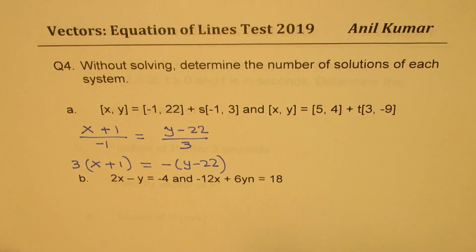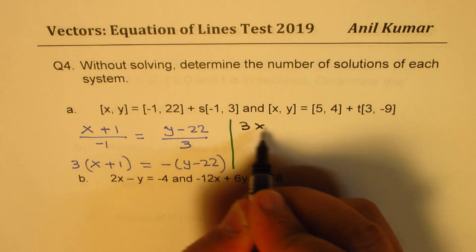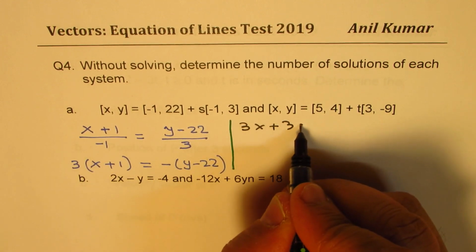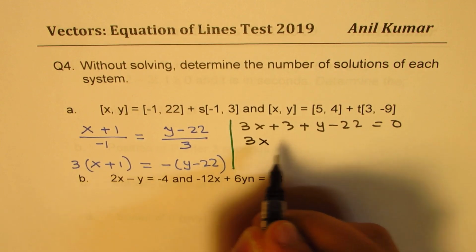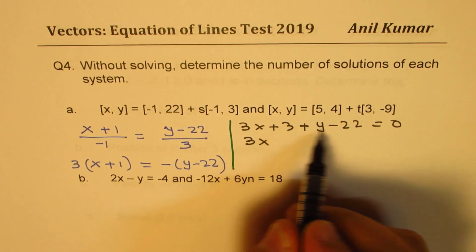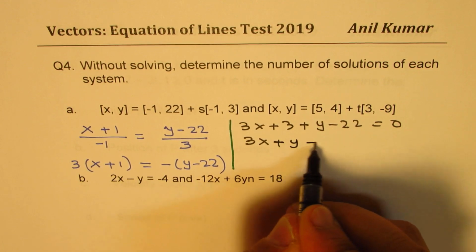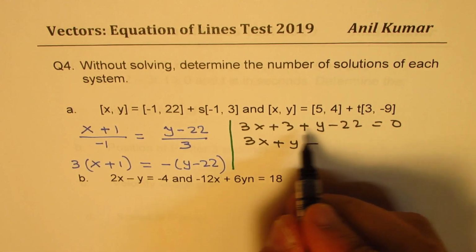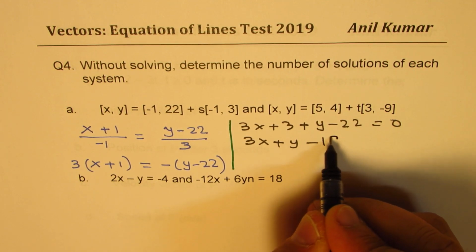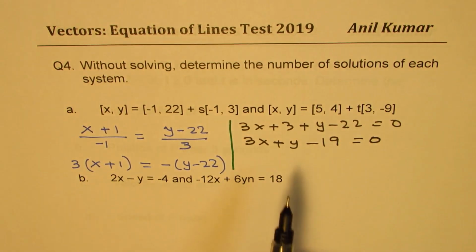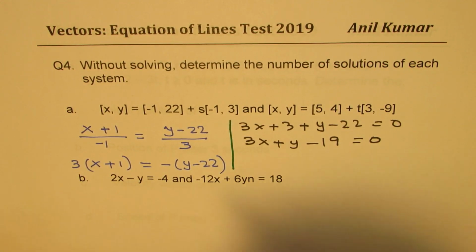Let me take it to the left side. So if I take it to the left side and open this bracket, I get 3x plus 3, and here I get plus y minus 22 equals 0, and that is 3x plus y minus 22 take away 3 will be 19. So minus 19 equals 0. So this becomes your equation of the first line, correct?